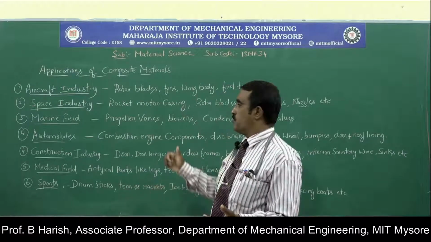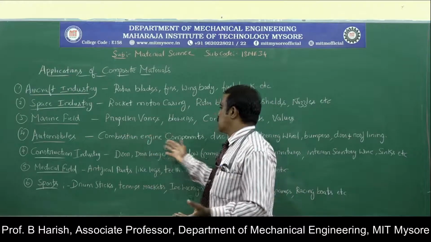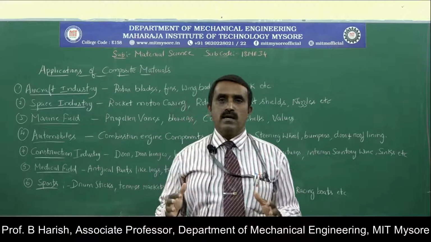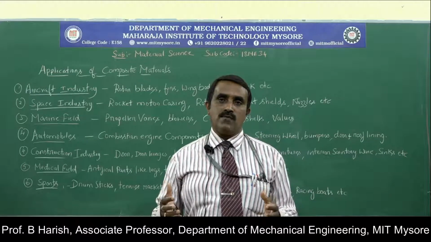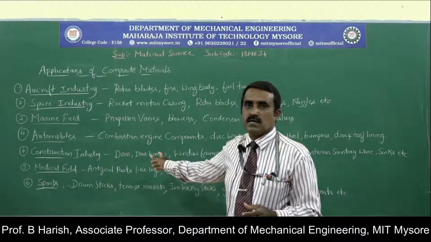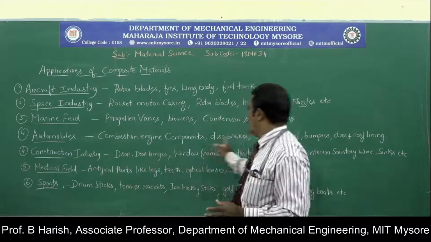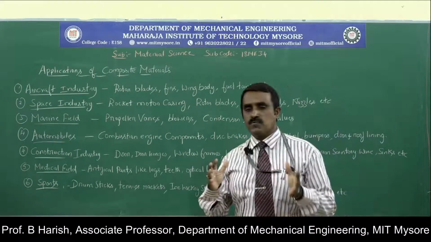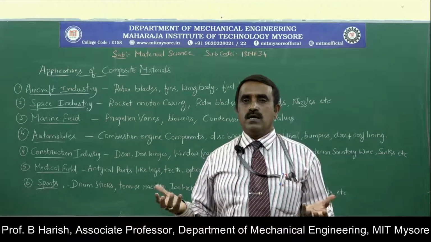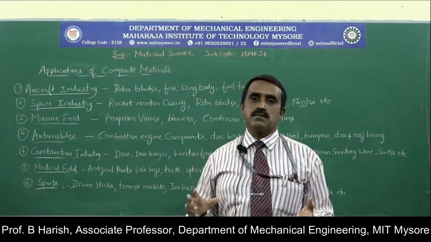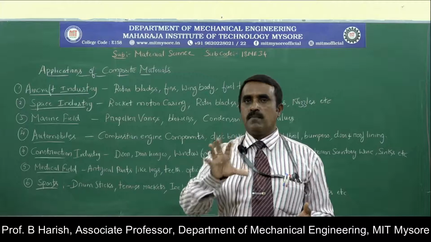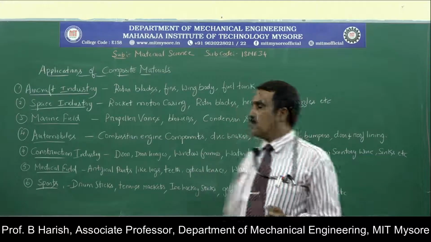Coming to a list of a few of them: combustion engine components. Any vehicle will have an engine, the part where power is generated, and most engine components are manufactured from composite material. Then disc brakes, the most familiar component, as today's vehicles have disc brakes, circular brakes made up of composite material.